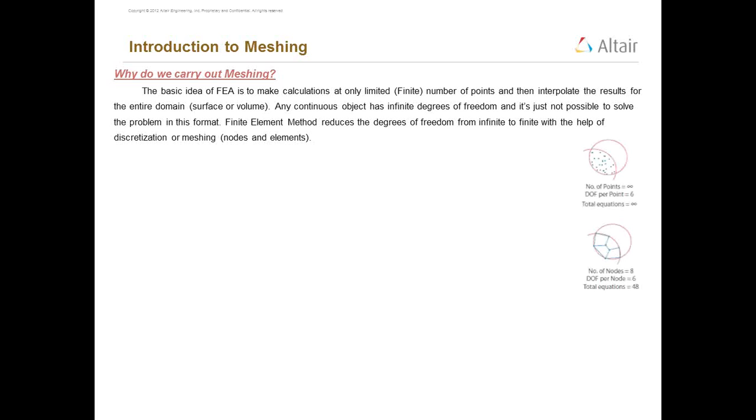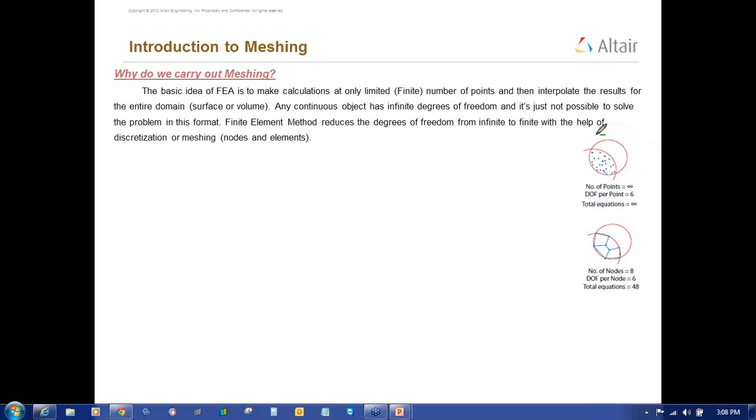So as in this problem, you can see this particular circle has infinite points, and if we calculate 6 degrees of freedom per point, the total equations to be solved are infinite. That is not possible. But if we discretize this with, say, 8 points like this, at each node we have 6 degrees of freedom, so the total equations become 48.